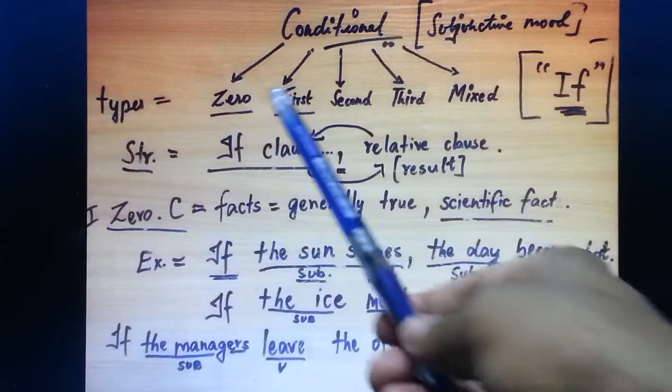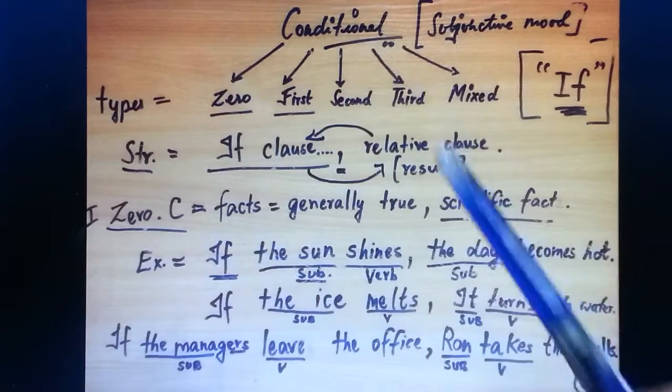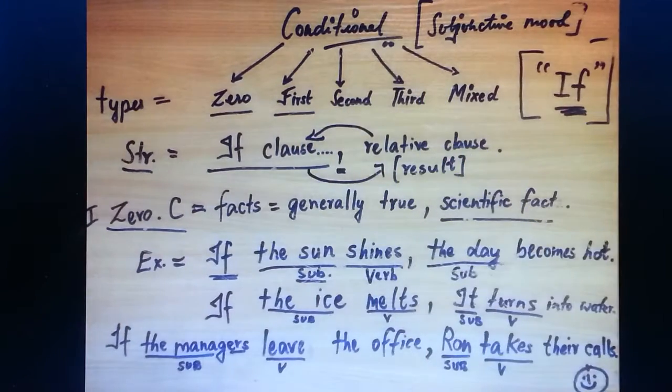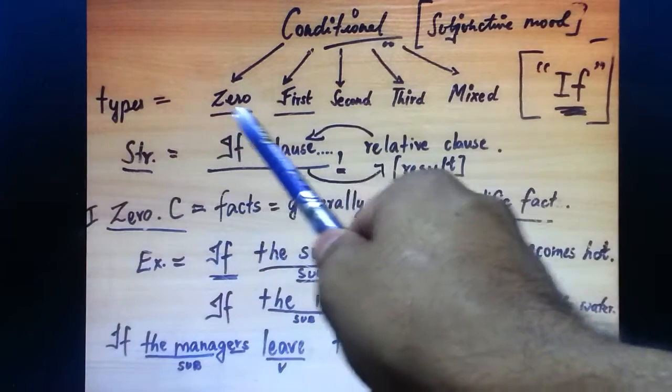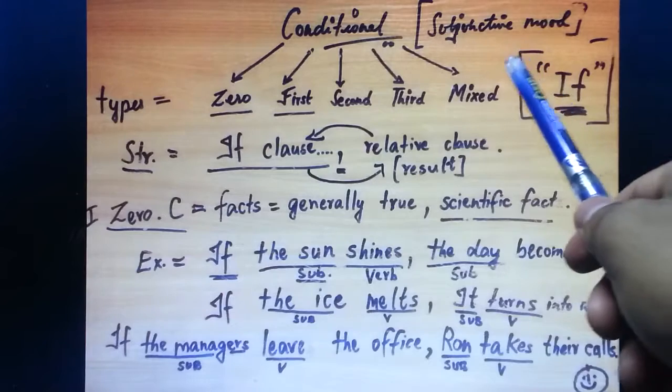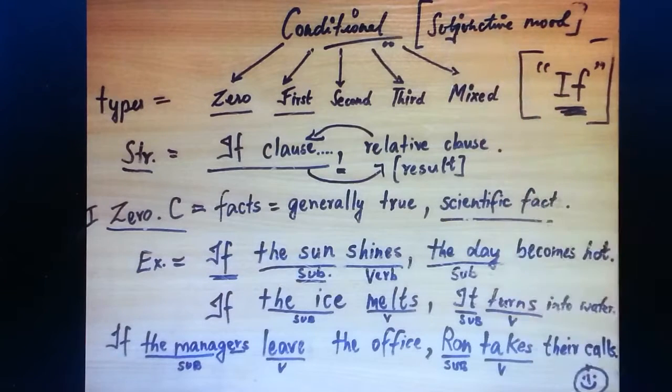Zero conditional, first conditional, second conditional and third conditional are very important to understand, because without understanding these you cannot understand mixed. That's the rule. But today we are going to talk only about zero conditional.